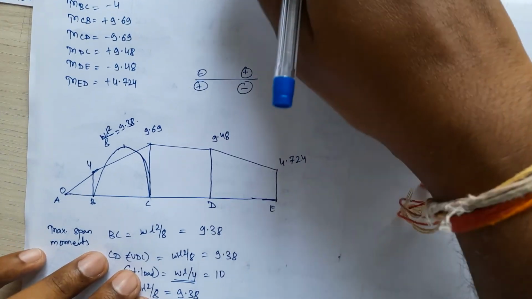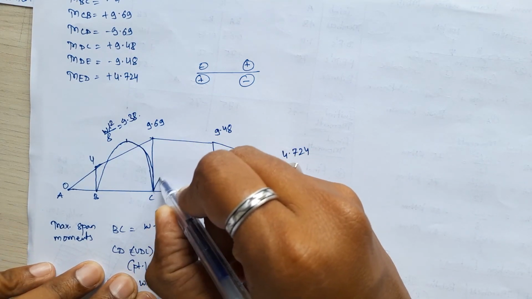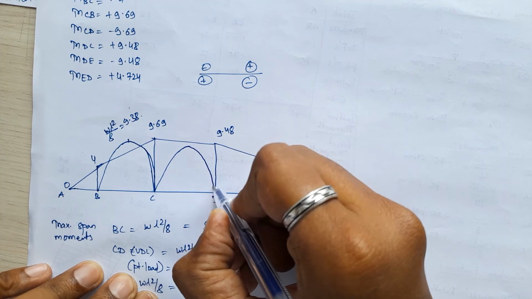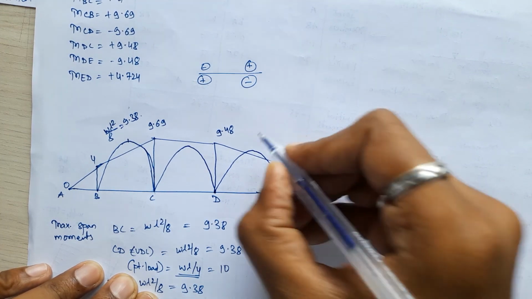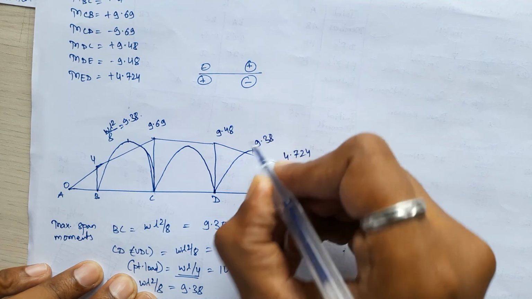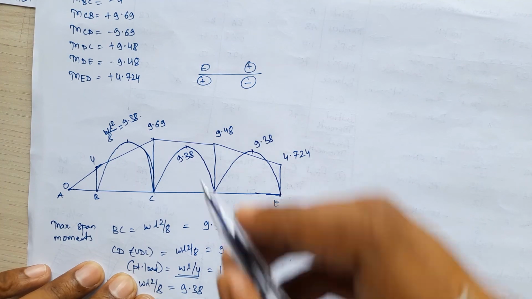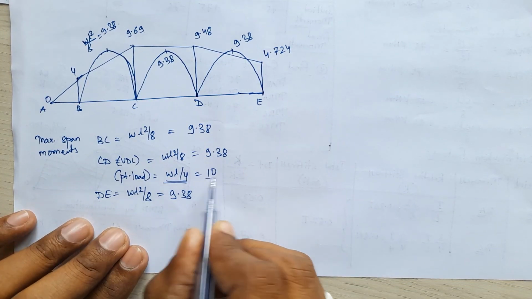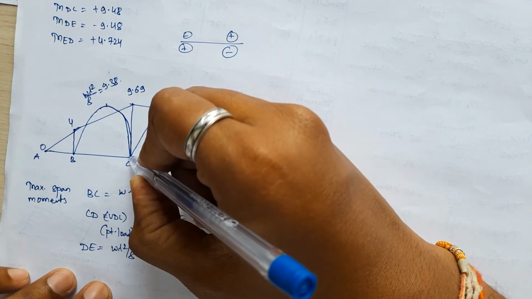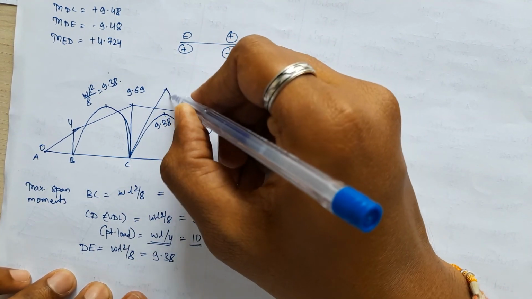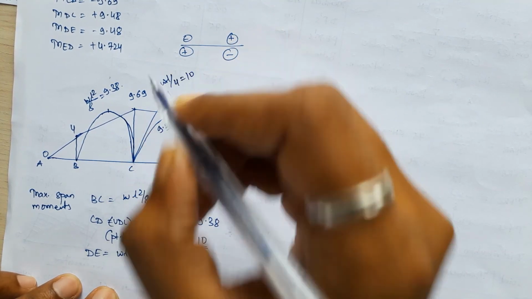Same way it will be in this portion also, and it will remain in this portion also, 9.38, and here also I am having 9.38. Okay, next what is remaining, just this point load is remaining, it will follow a triangular path which is having a moment of 10. WL by 4 is equal to 10.